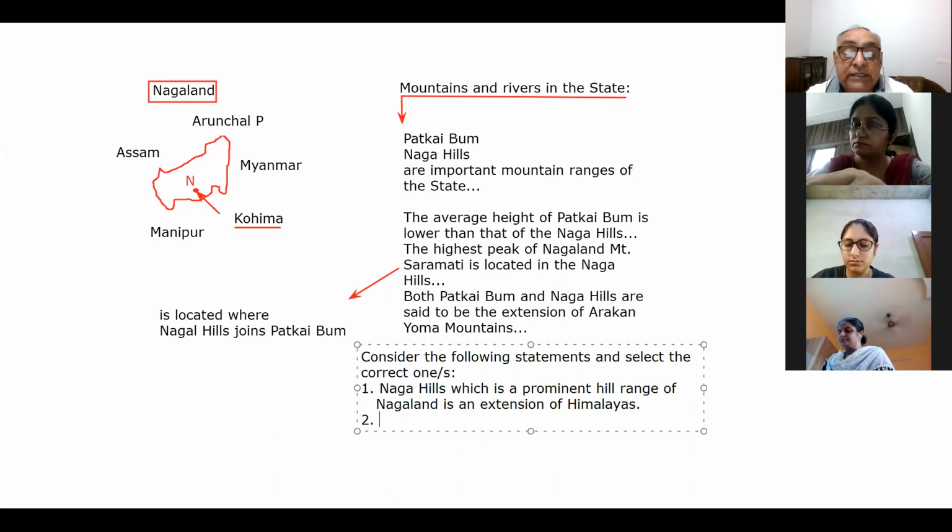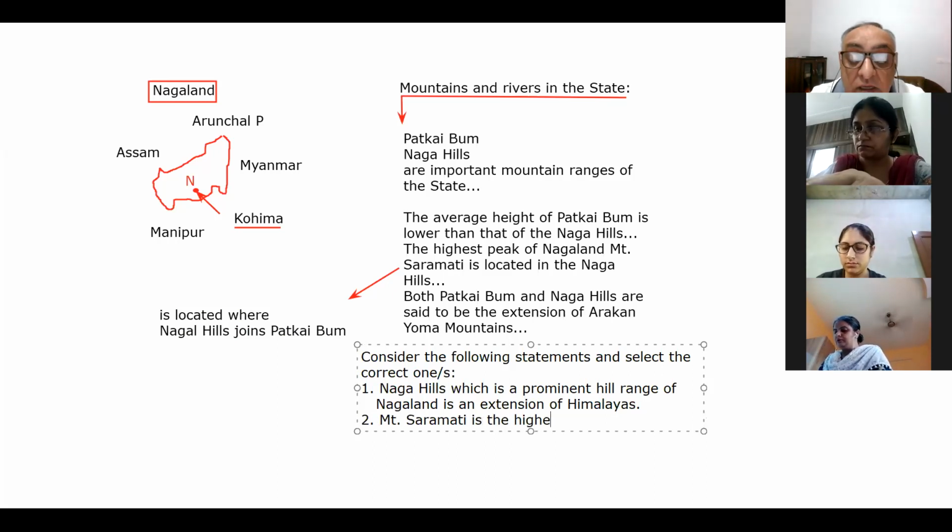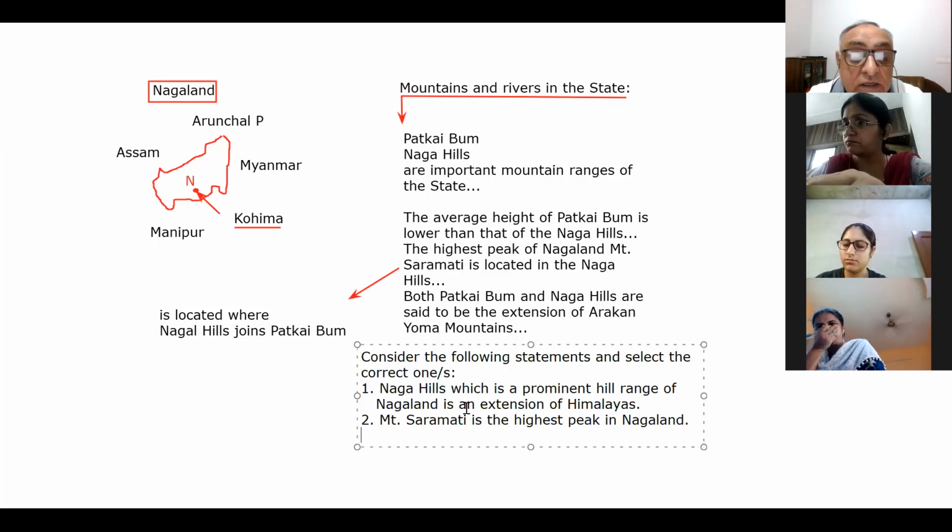The second is that Mount Saramati is the highest peak in Nagaland.